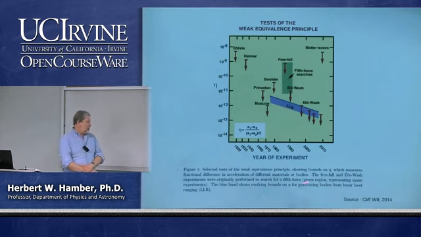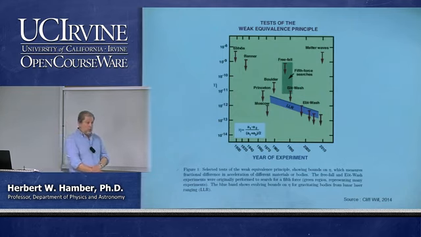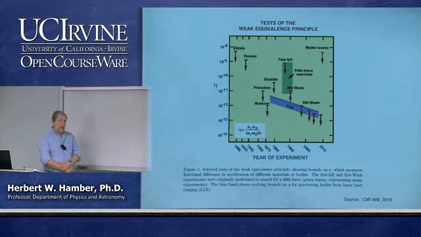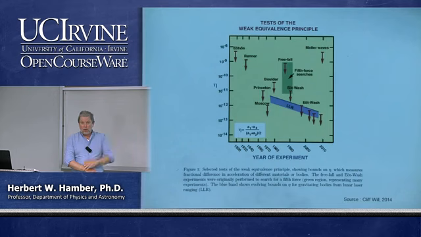And in fact, some of the best data, I said most of it is based on torsion balances, but in fact, some of the best data nowadays is coming from lunar laser ranging, where you measure the distance between Earth and Moon to great accuracy over long periods of time. And this can be done because one of the Apollo missions, and I forget which one, maybe 11, left a mirror on the moon.